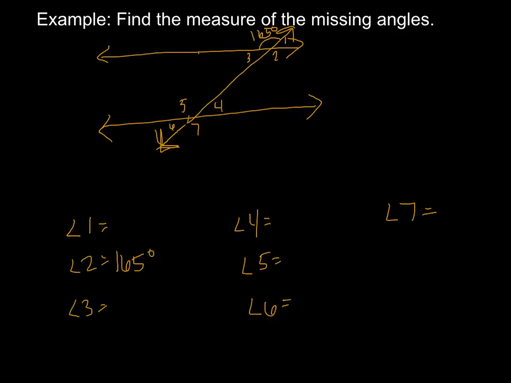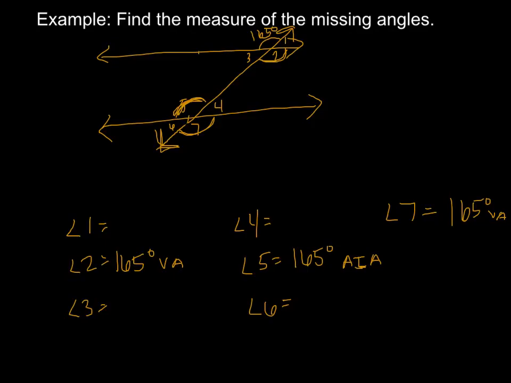If we know that one's 165, we can use alternate interior angles to know that 5 is also 165 degrees. If 5 is 165, we know that 7 is also 165 degrees because of vertical angles. Now we have to start using supplementary angles to figure out the rest of them.